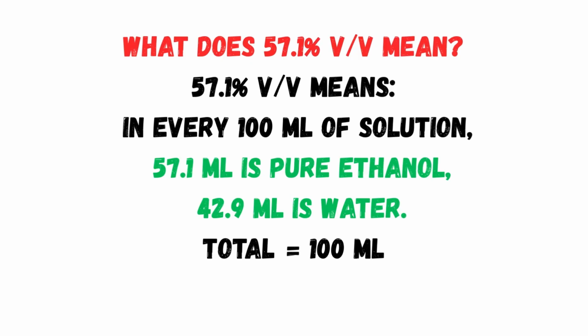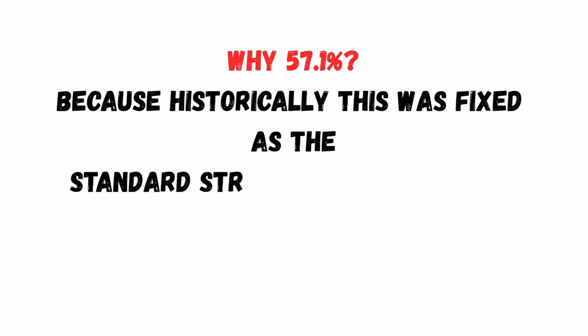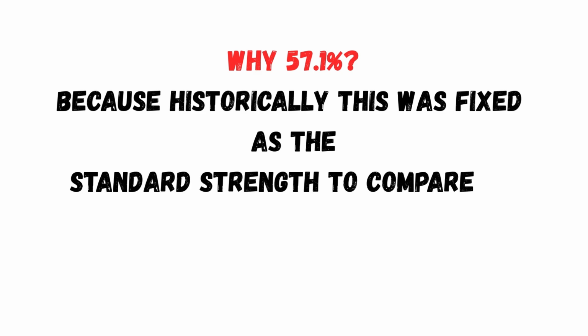Such a concentration is called 57.1% volume by volume because it contains 57.1 ml of pure ethanol. Why do we dilute till 57.1%? Because historically this was fixed as a standard strength to compare all alcohol. So that's why we dilute until the concentration becomes 57.1%.